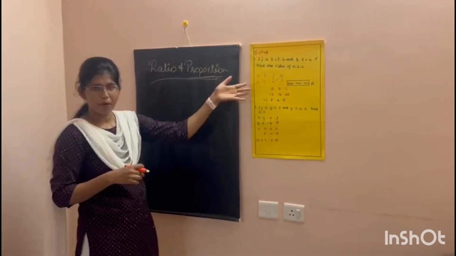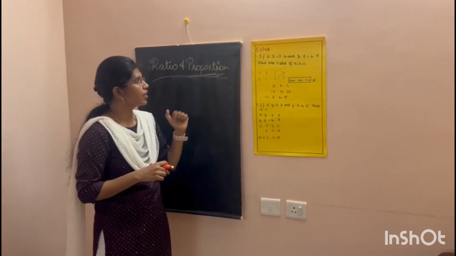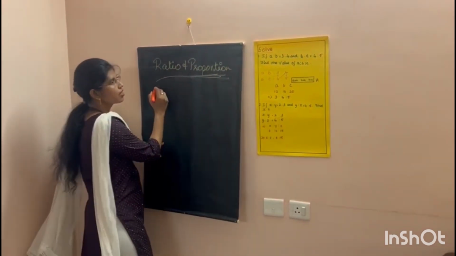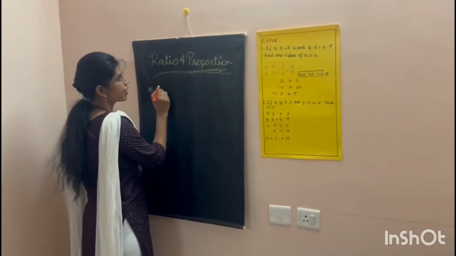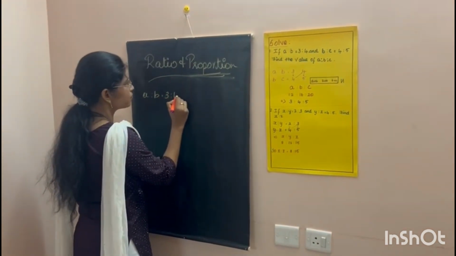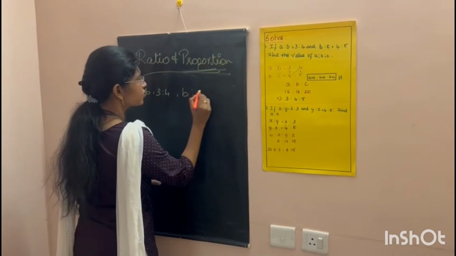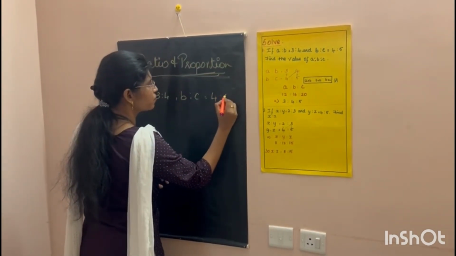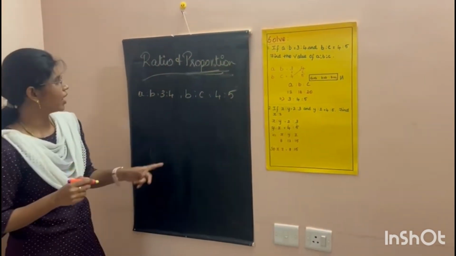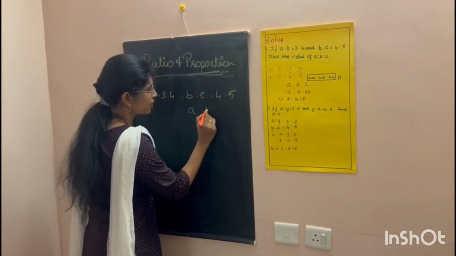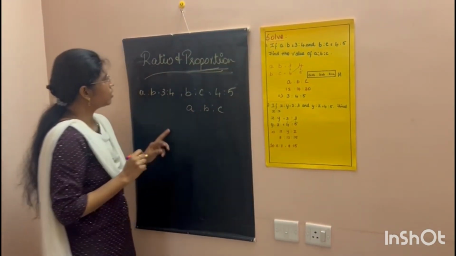This is a common type of problem that you face in the exam. Here, they gave A:B is equal to 3:4 and B:C is equal to 4:5, and asked to find A:B:C.